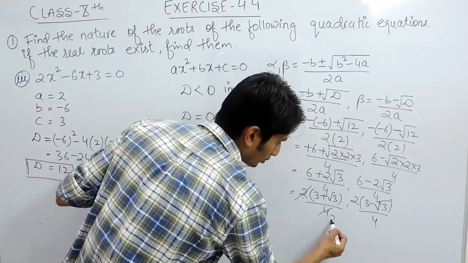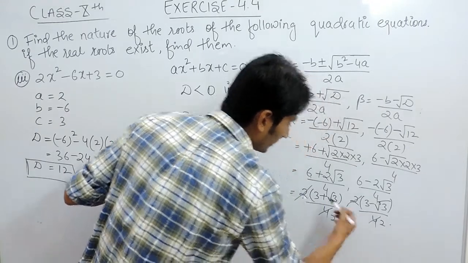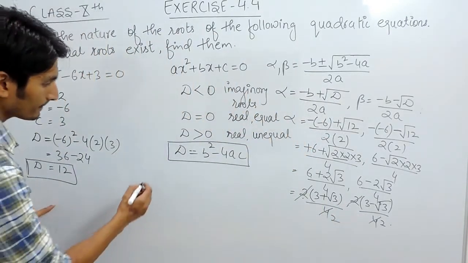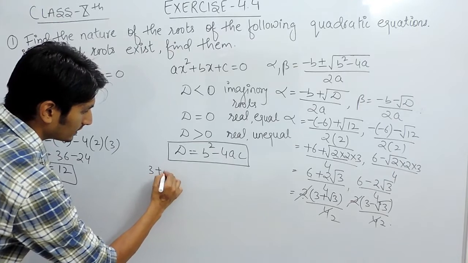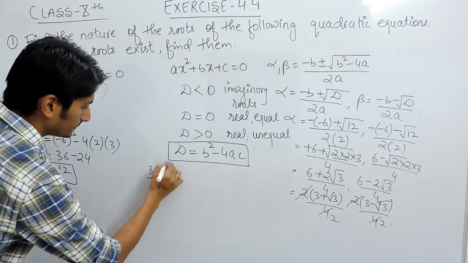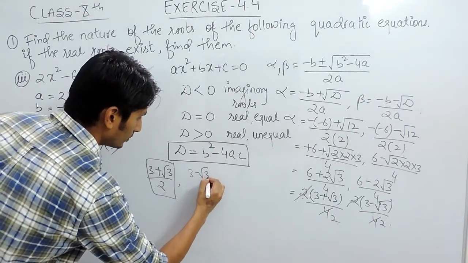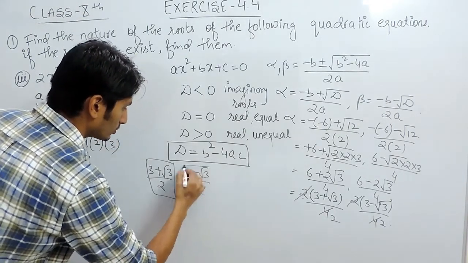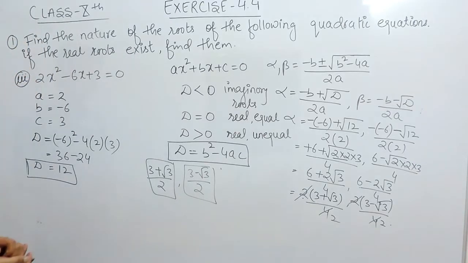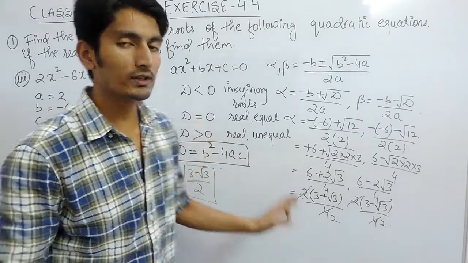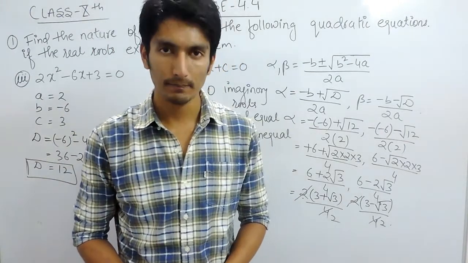This 2 can be cancelled 2 times, similarly for the other. So the first root will be 3 plus root 3 upon 2, and our second root will be 3 minus root 3 upon 2. So these will be our roots for this particular equation. This is how you can solve these kinds of questions. Thank you.